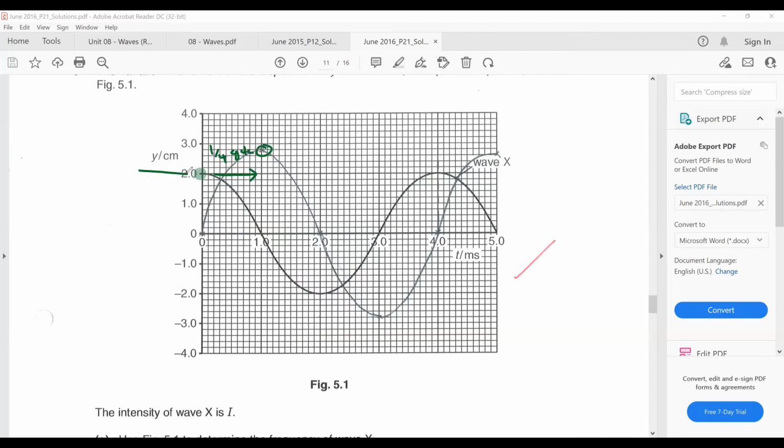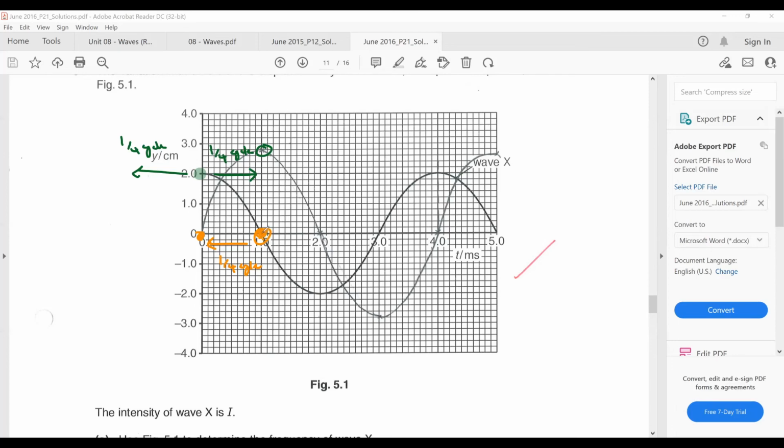Now if you want to move it by a quarter of a cycle towards the left, the graph has already ended. You have to choose another point. So you would have to choose instead this point, right? So let's just say you move it a quarter of a cycle towards the left, but now you're picking the equilibrium position. So on the other wave Z, you will be starting with the equilibrium position also.